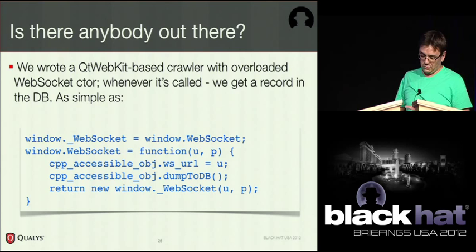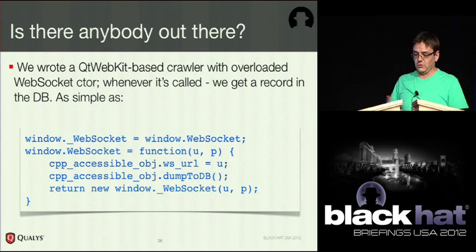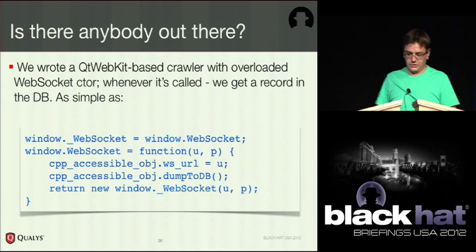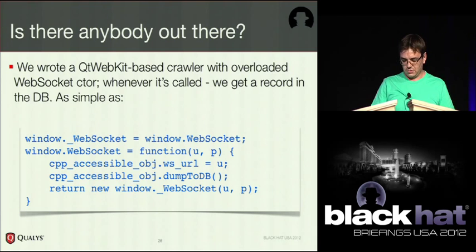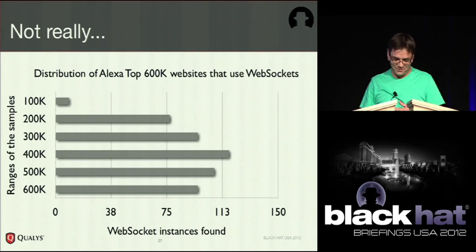This approach might not cover some cases, like if there is a user interaction needed to instantiate a WebSocket, like somebody needs to click something to create it, but we think this should show us pretty much the real picture of WebSocket usage. And the results are that numbers are pretty frustrating.